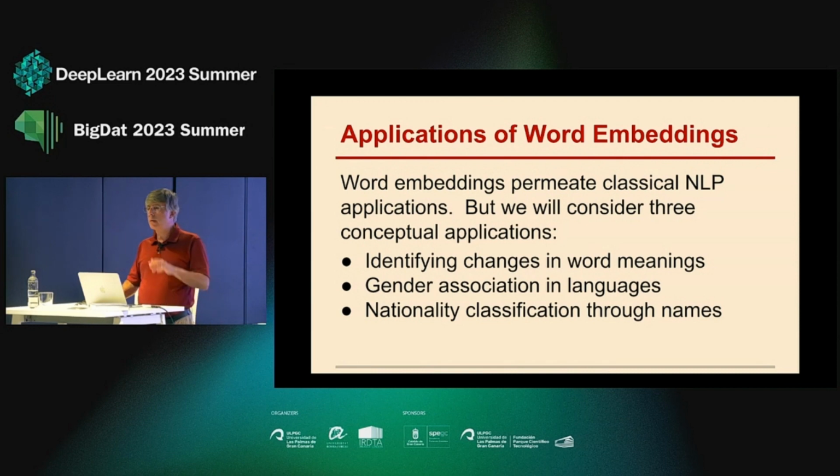These large language models, the ChatGPTs and such, are amazing things. Here we're looking at simpler things, studying how vocabularies work rather than studying text, okay? I'm interested in how language works, and these are the things I'm going to talk about as my applications.